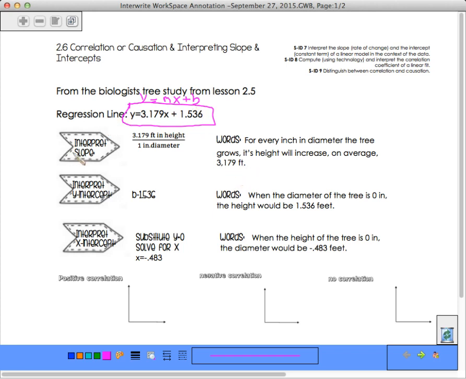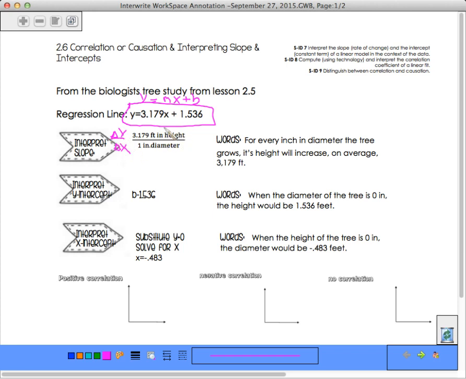All right, so looking at just the slope is this number right here. And remember, if we have a whole number or a decimal like this, something not written as a fraction, we can write it over 1. What we need to be able to do is interpret what that means. So remember, it's change in y over change in x.